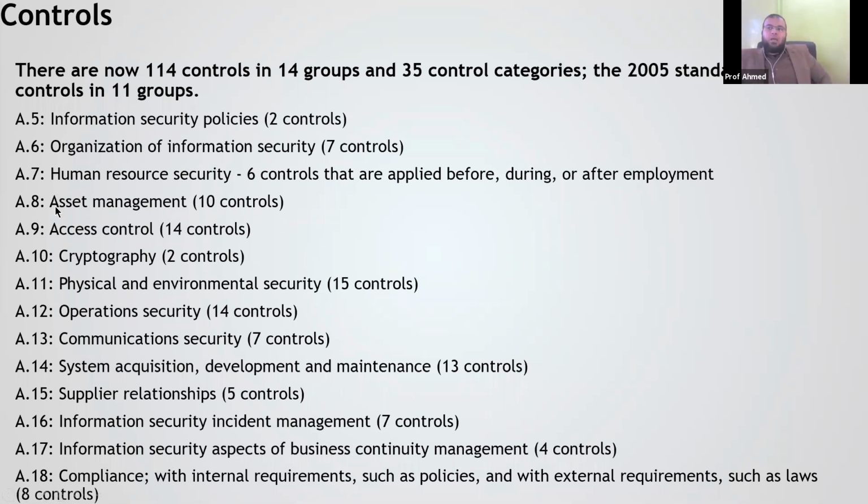Then asset management, access control, cryptography, physical security, operations, communications, and system acquisition. Again, we will not discuss all of these controls, but they let you enjoy reading them, and if you implement them, you will really manage information security in a better way.